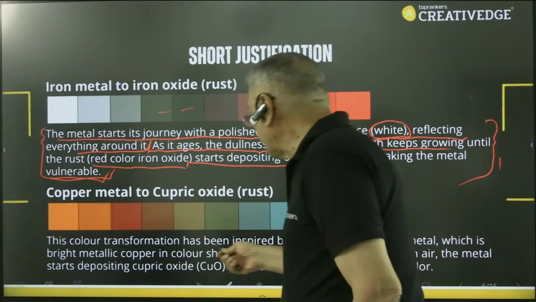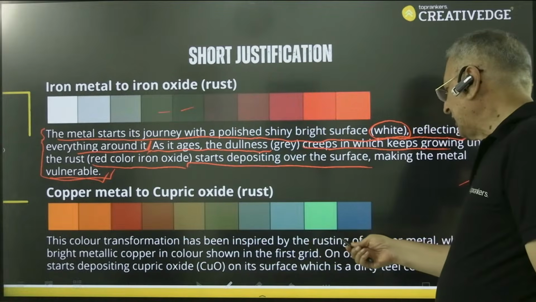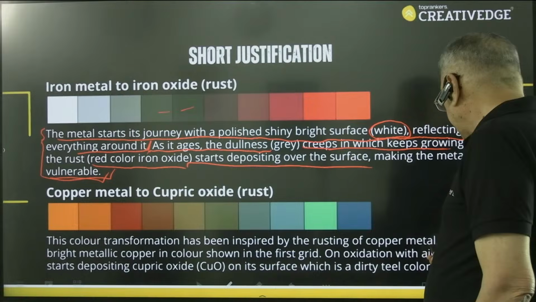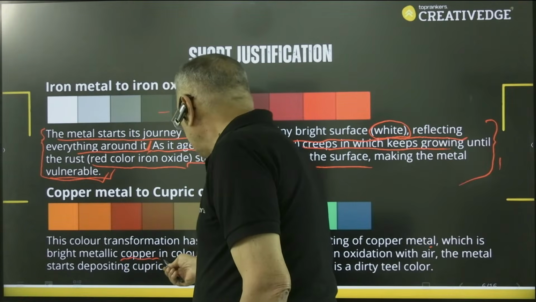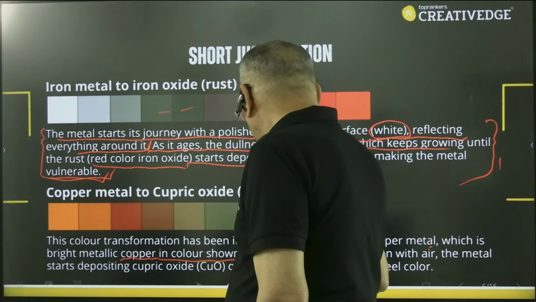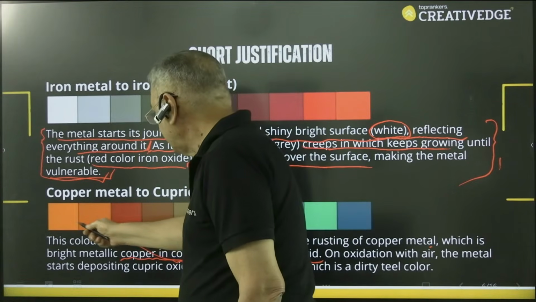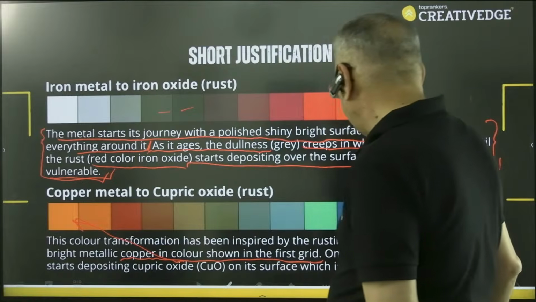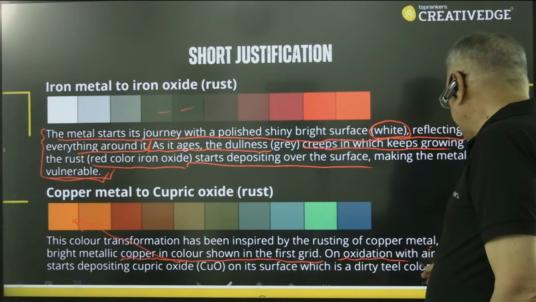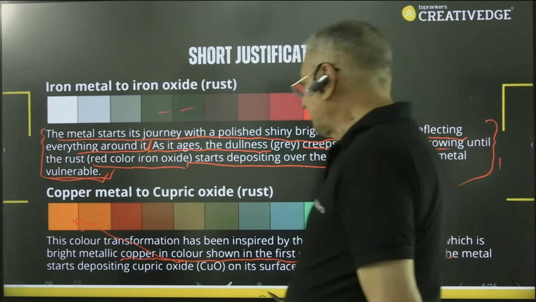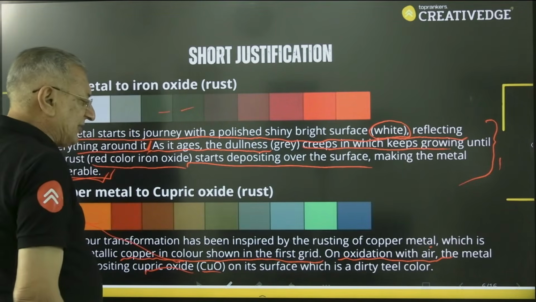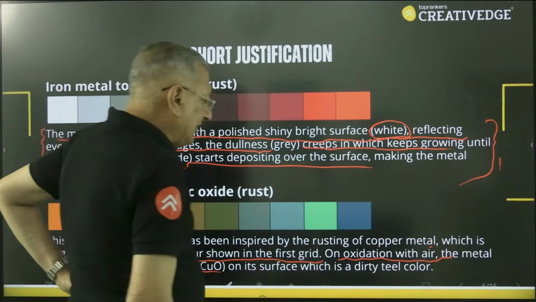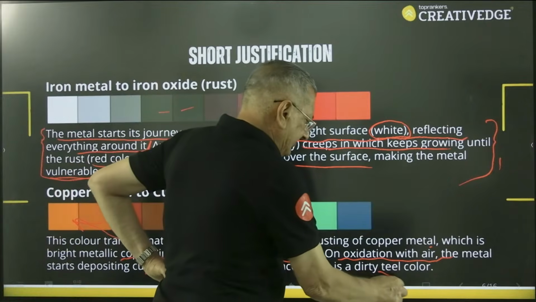Anyway, that is the scientific knowledge behind it. This color transformation has been inspired by rusting of copper metal, which is bright metallic copper in color shown in the first grid. Here, on oxidation with air, the metal starts depositing cupric oxide, CuO, on its surface, which is a dirty teal color.